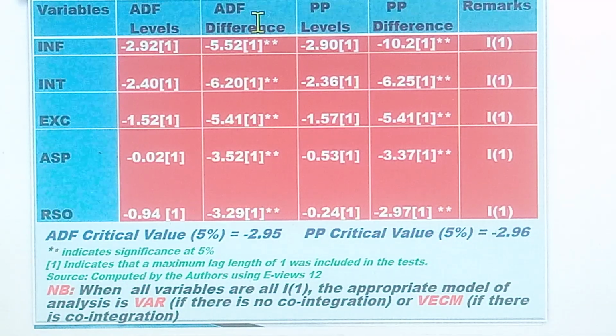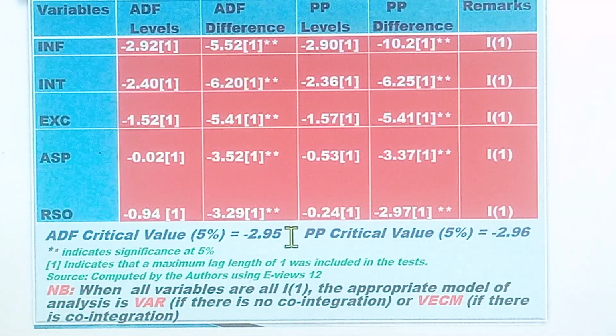So now we already know how the unit root test is conducted. These are the results here. Let's take inflation, for example. You can see that at level for ADF, the value is minus 2.92. Then the critical value for ADF is minus 2.95.